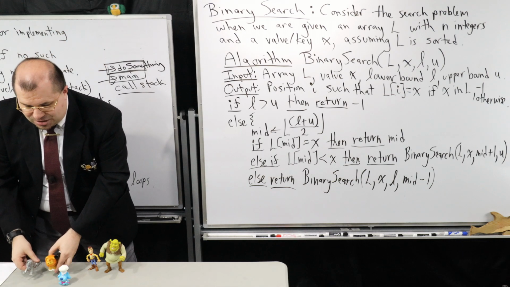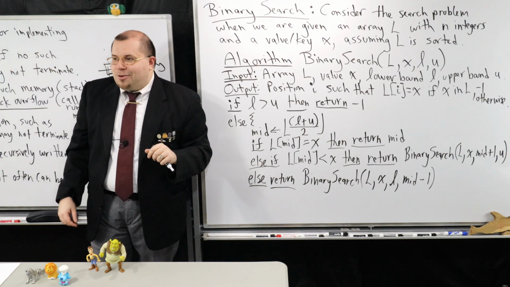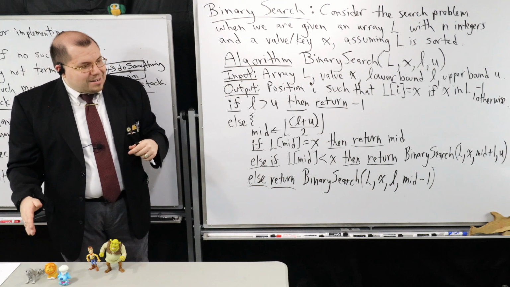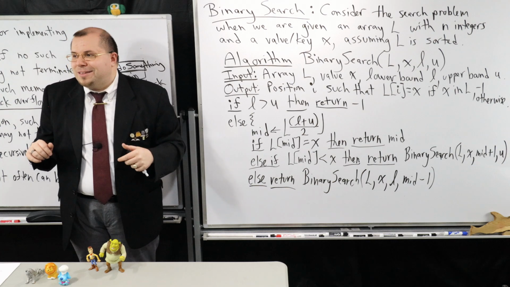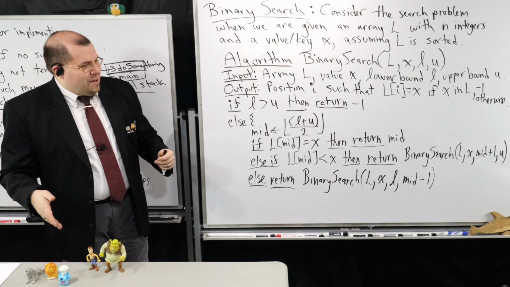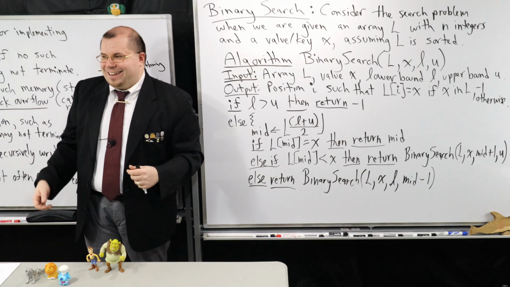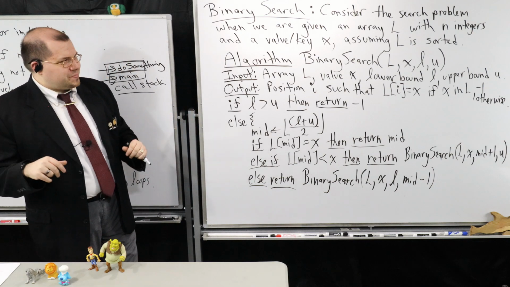So I only have to look at these two. I would find a middle position and examine if the current one is my non-metallic lion friend. And if it is, then I could say, hey, look, I found it in this position. Otherwise, I could apply this process over and over and over again.